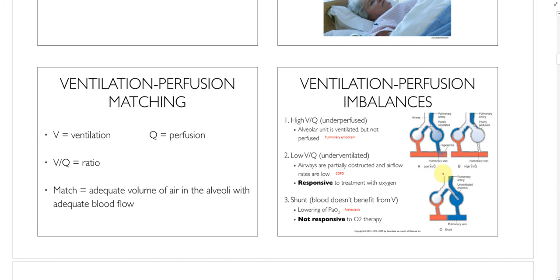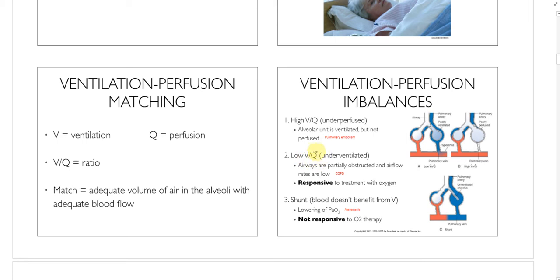With a high VQ, we have blood flow to some, but there's a blockage because there's perhaps a pulmonary embolism right here. But we have enough air movement through the alveoli and the airways.